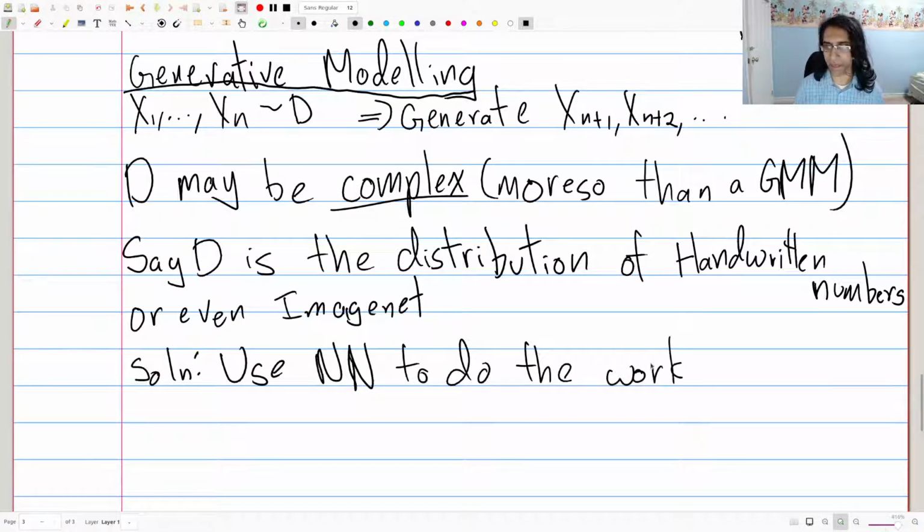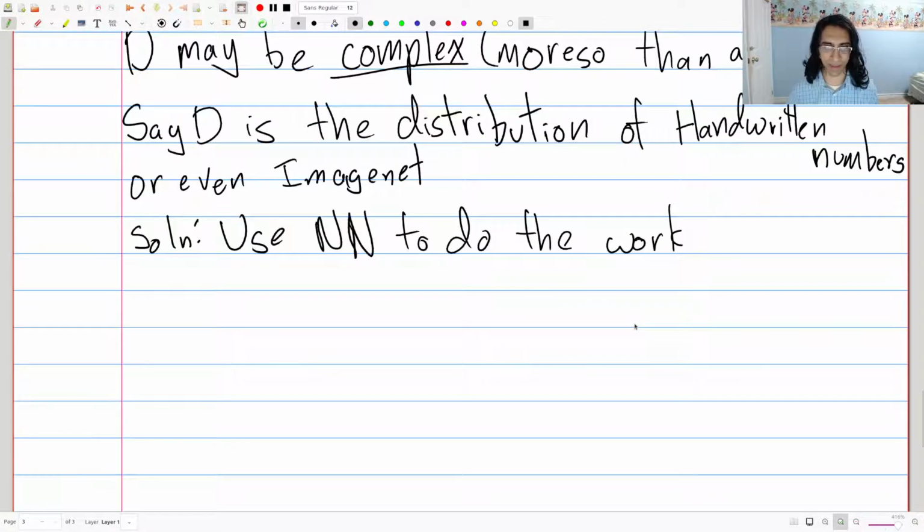One of the core ideas is that we can sample from other, simpler distributions, and then given samples from simpler distributions, we can train a neural network to map them to this more complicated distribution space.